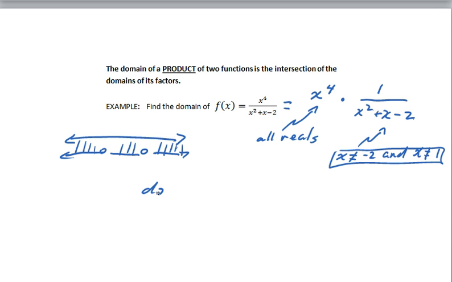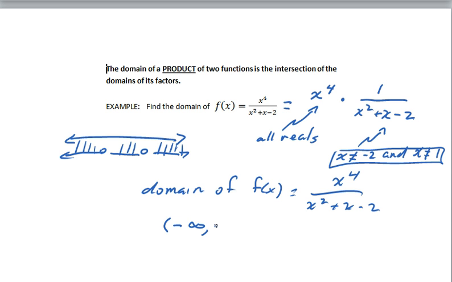So the domain of f of x equals x to the fourth over x squared plus x minus 2 is actually equal to, in interval notation, negative infinity to negative 2 union negative 2 to 1 union 1 to infinity.